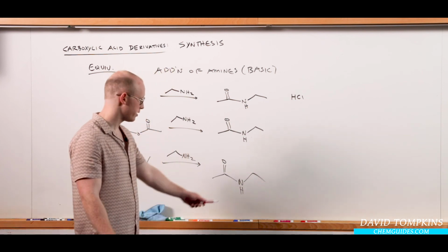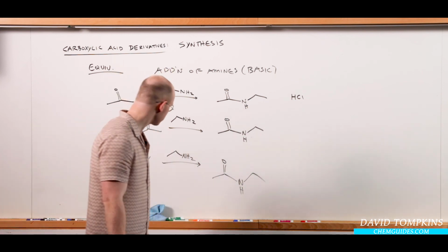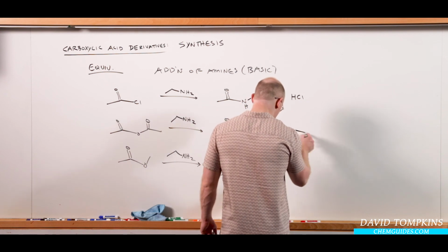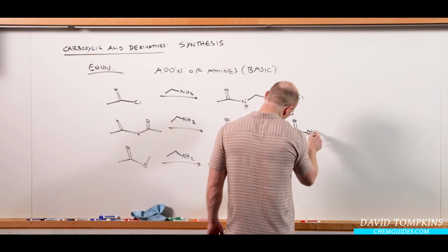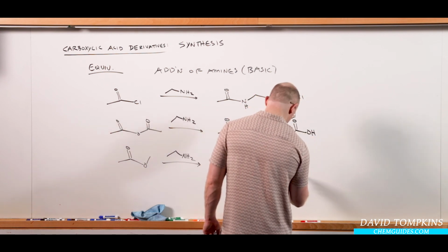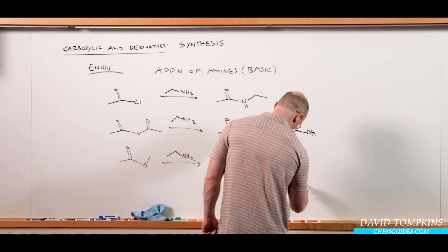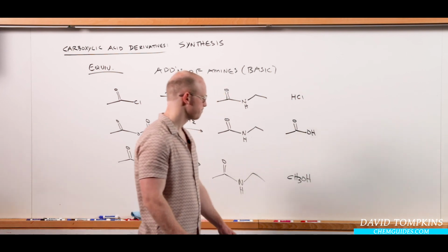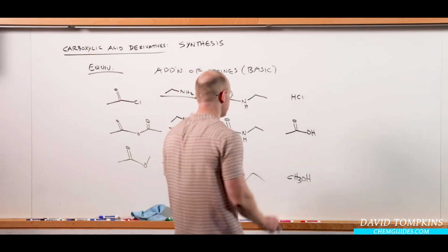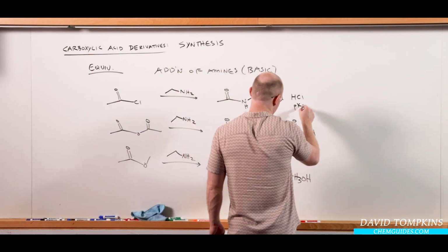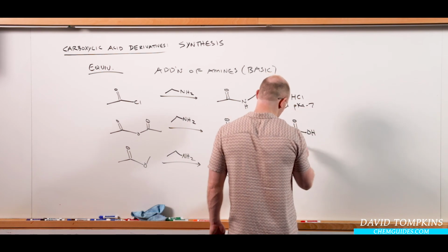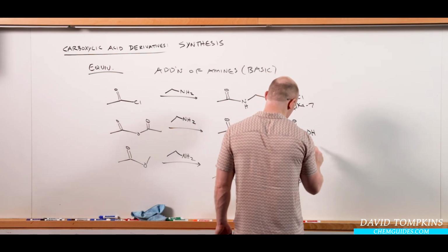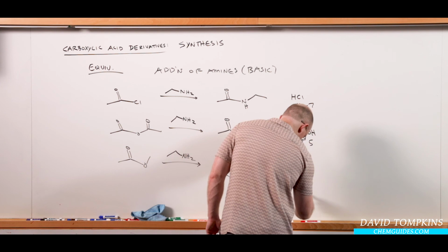And you deprotonate the nitrogen to get the amide. They all make a side product. The conjugate acid of the leaving group is the side product. Here we get methanol. And keep in mind the various pKa's of these conjugate acids. Very strong acid, a moderate acid, and a very weak acid.